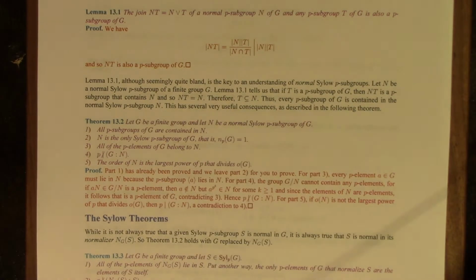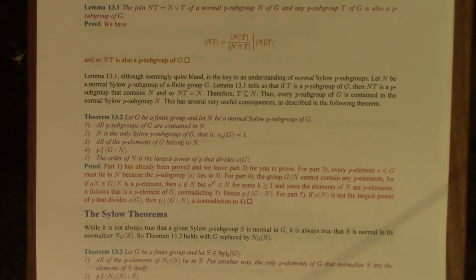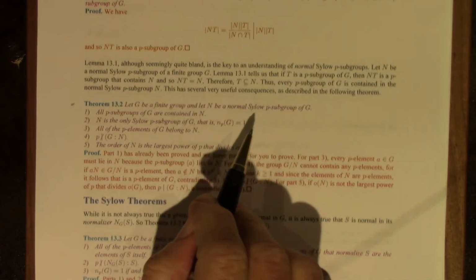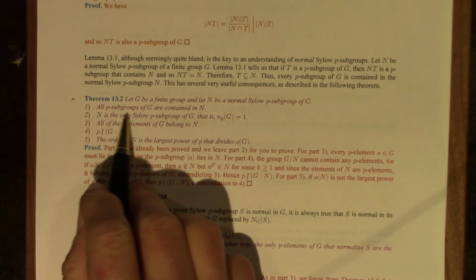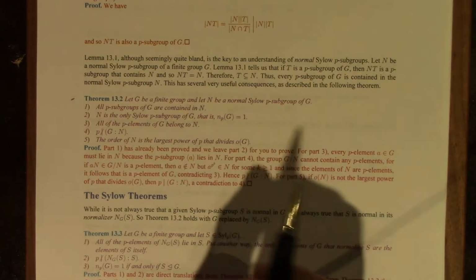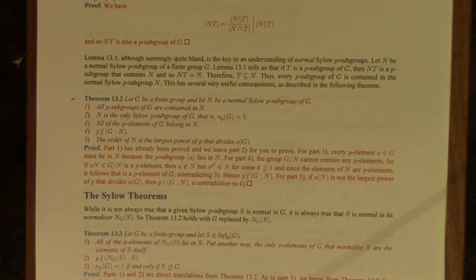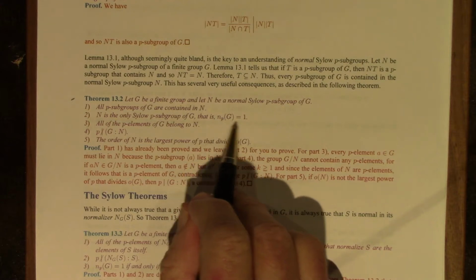And this has several very useful consequences, as described in this theorem. So let G be a finite group and let N be a normal Sylow p-subgroup of G. One: all p-subgroups of G are contained in N. That's what we just proved. Two: N is the only Sylow p-subgroup of G, so that means that Syl_p of G is 1.